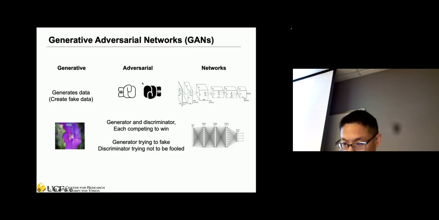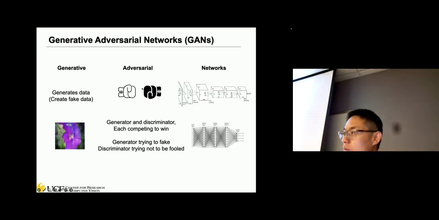Based on the name, we have a generative adversarial network. Generative means we want to generate something that fits a specific distribution. The generated data can be an image, text, video, or maybe multimodal. Adversarial means you have two parties competing with each other.